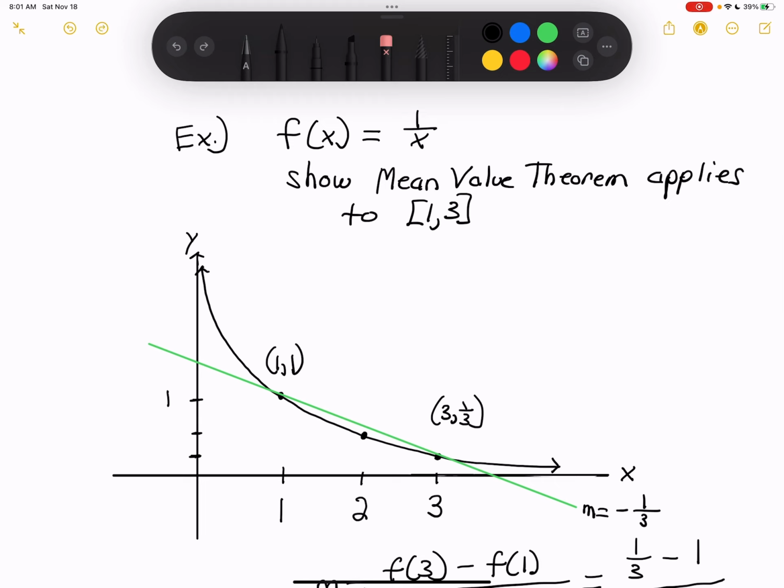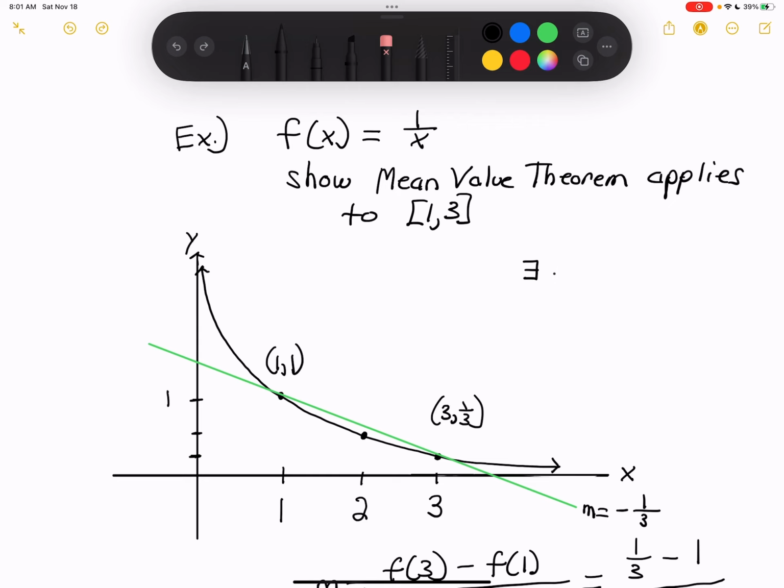So because the mean value theorem applies here, which we just showed, because f is differentiable and continuous on the interval from 1 to 3, then I know that there must exist, and that's what this little sign here means, by the way, this just means there exists. And if you ever take any higher level mathematics, proof-based courses, you'll definitely use that.